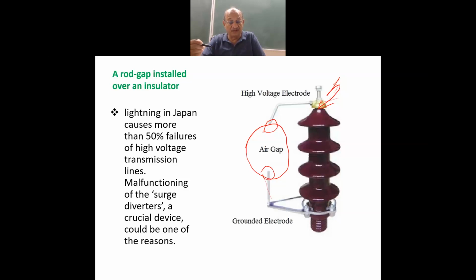So the traveling wave attenuates while traveling over the conductor at every insulator installed at the poles, and that is how this works as protection. This horn gap or rod gap works as a protection for the insulator, and in the process it also attenuates the highest magnitude of the traveling wave.